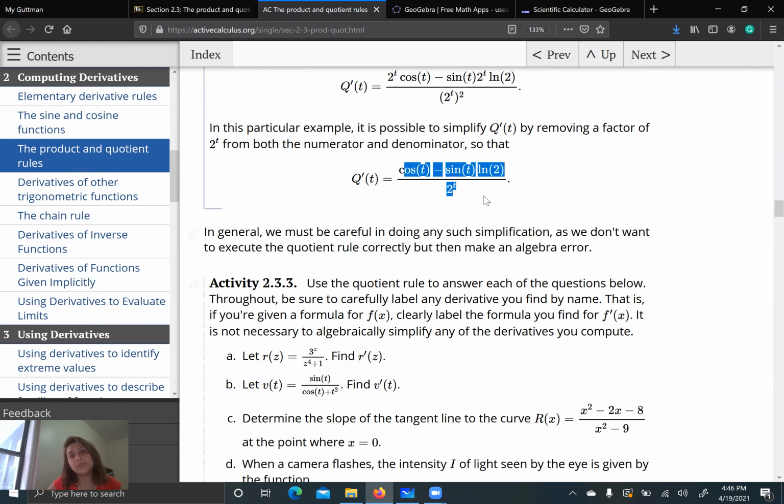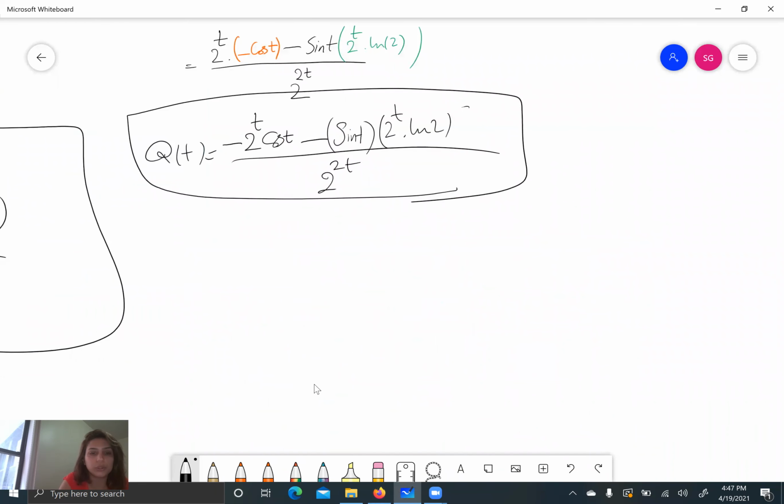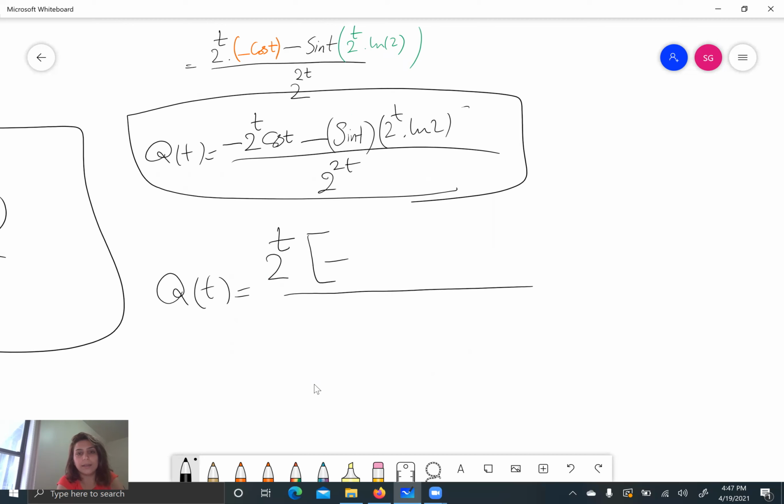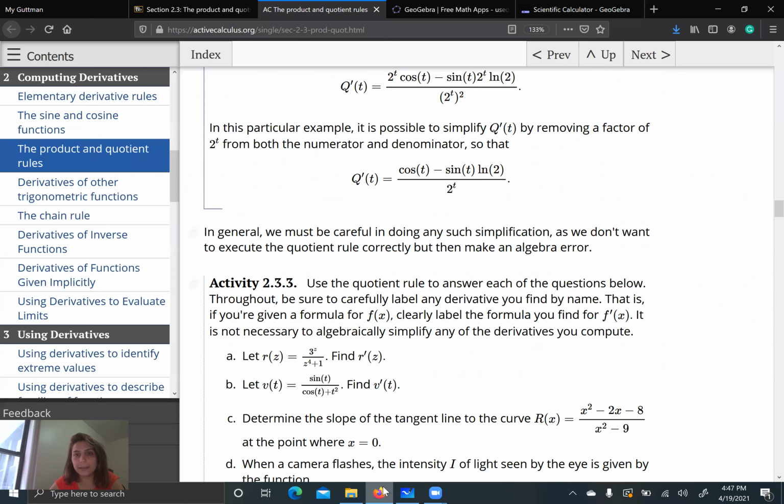If you compare this answer to the answer in your textbook, they simplified it further because the numerator and denominator have 2^t in common. I'm going to show you that as well. If you would like to simplify this further, you can factor 2^t from the numerator.